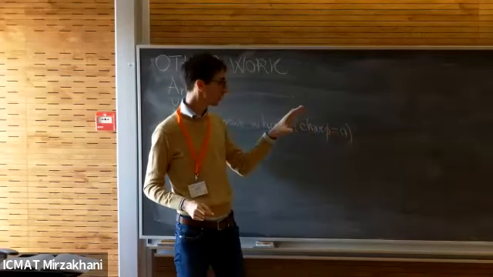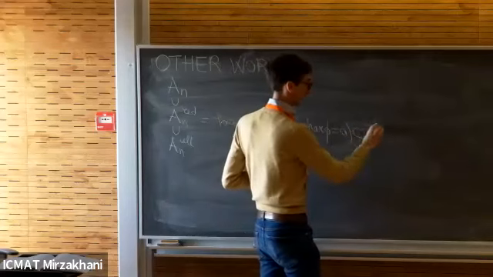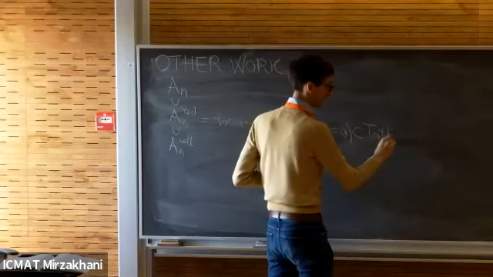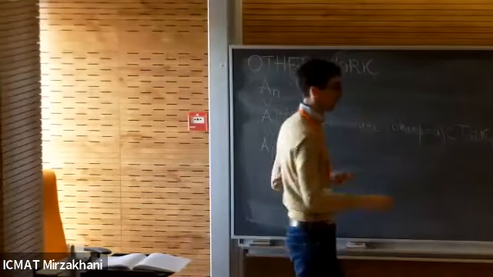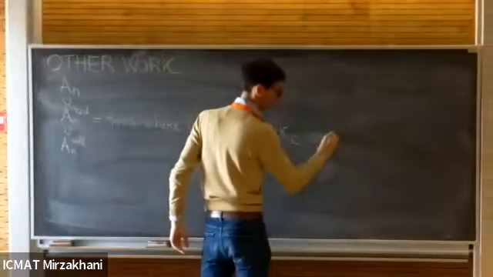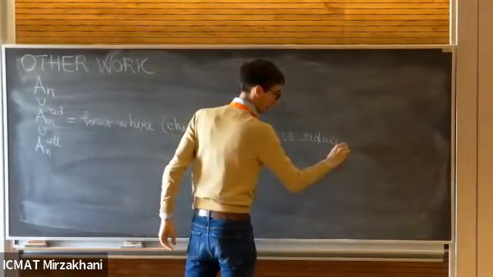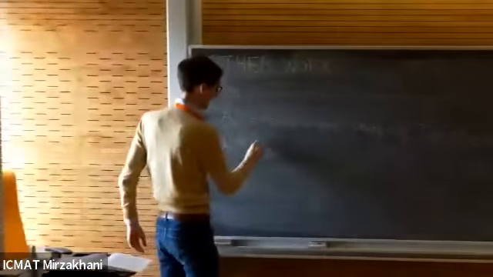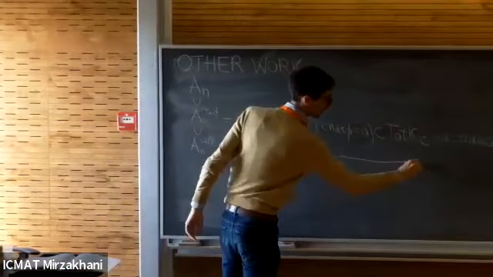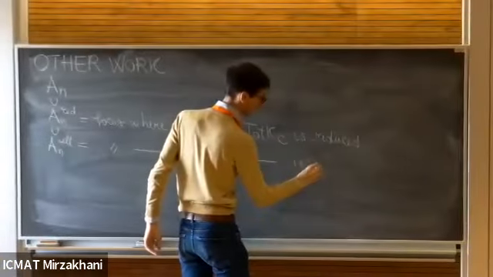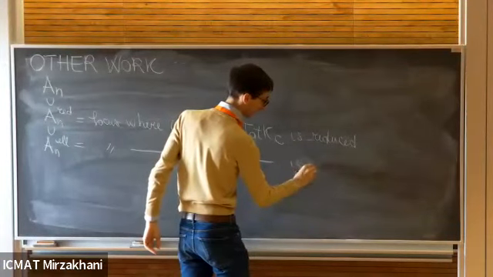If I put it equal to 0, I get a curve inside the total space of the cotangent bundle of the curve. And as the name suggests, I require that this is reduced. And the elliptic locus in this context is the same, but I require that this is integral.